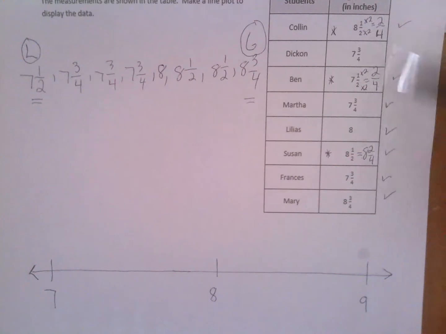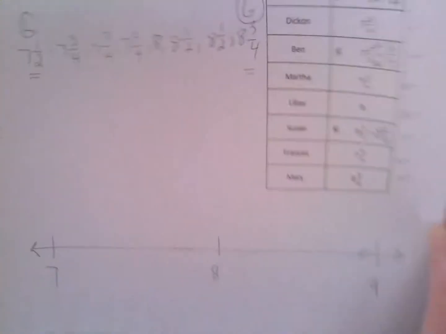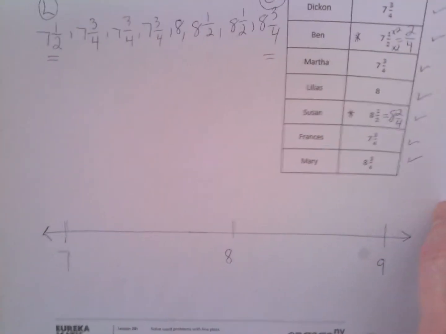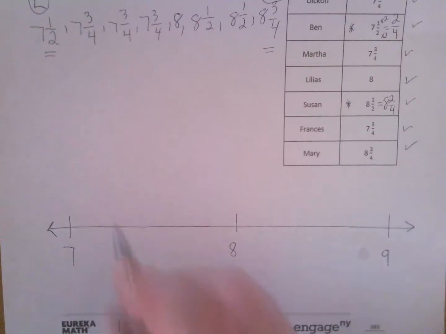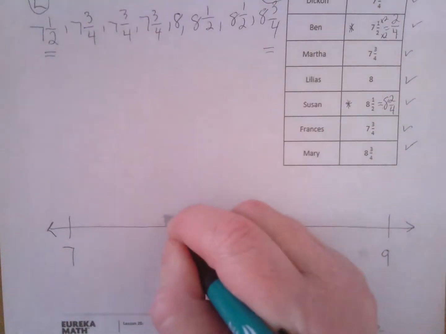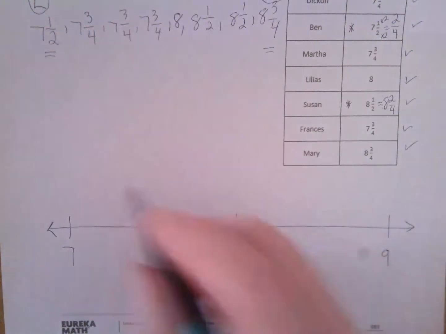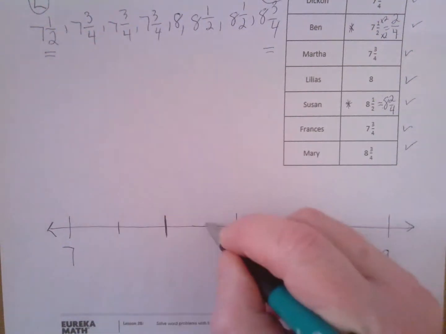So since everything here was converted to fourths, the smallest unit that I'm going to use is 1/4 inches. So I'm going to label that here on my line plot. I am going to put fourths on my line plot here. So halfway through is a half, and that means then I cut each of these in half.